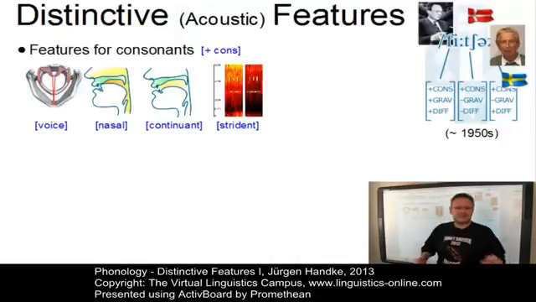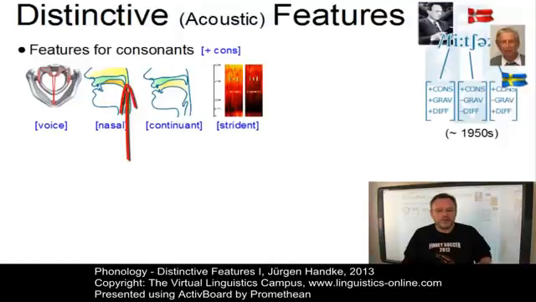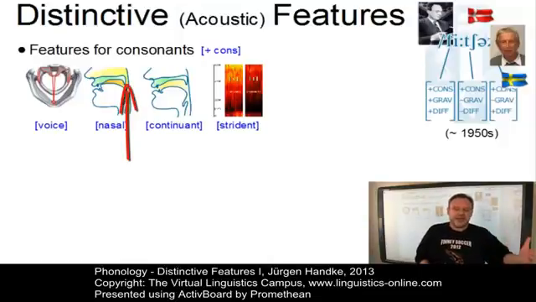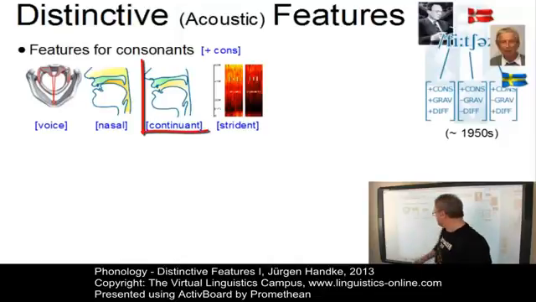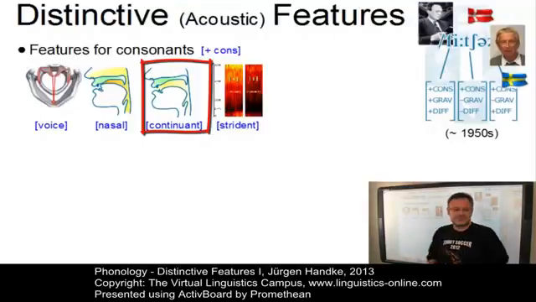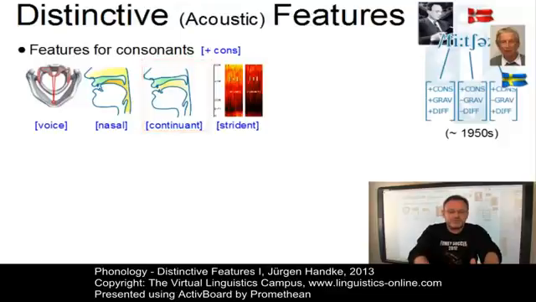Nasal sounds are produced by lowering the velum and allowing the air to pass outward through the nasal cavity. Non-nasal or oral sounds are produced with the velum raised to prevent the passage of air through the nose. Continuant sounds involve a primary constriction allowing the air to flow through the mid-sagittal region of the vocal tract.